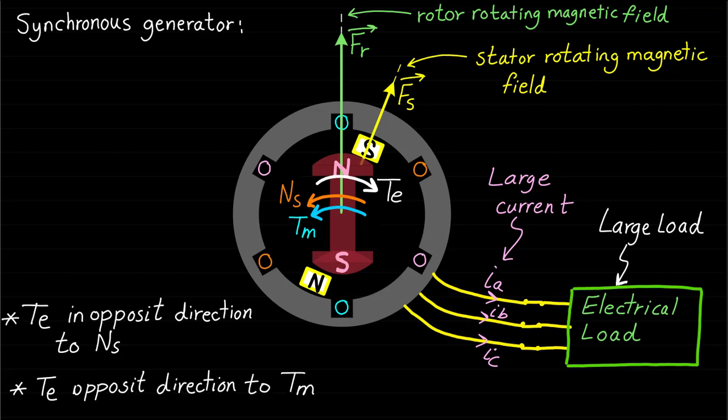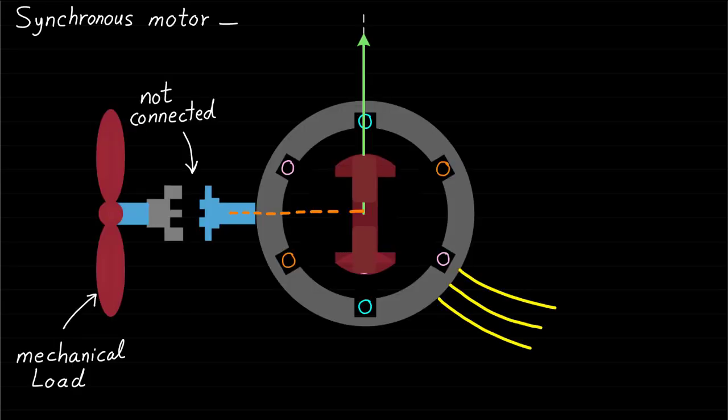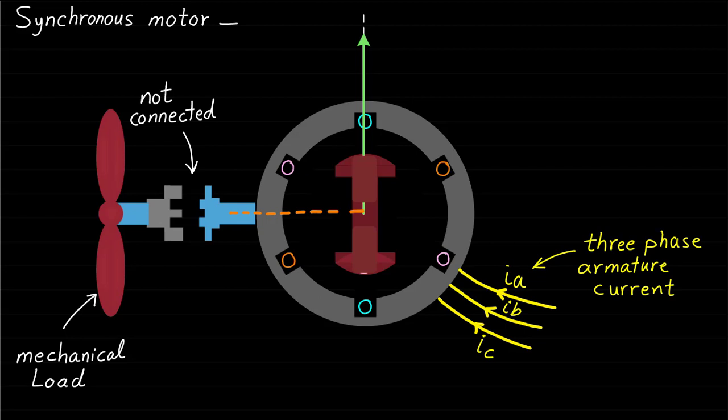Now let's move on to the synchronous motor case. This figure shows a two-pole three-phase synchronous motor. Assume that the motor is not connected to the mechanical load yet. Now when three-phase armature currents are supplied to the stator, a stator rotating magnetic field will be produced.